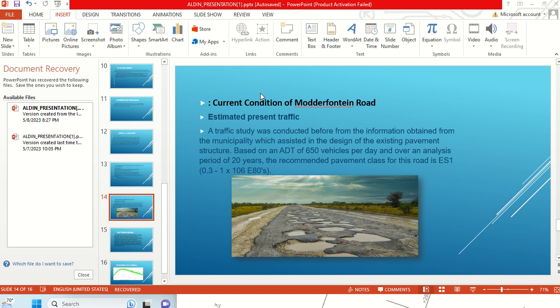Hence, we have to do the study, and also estimate the present traffic, and look at the design itself of the road.